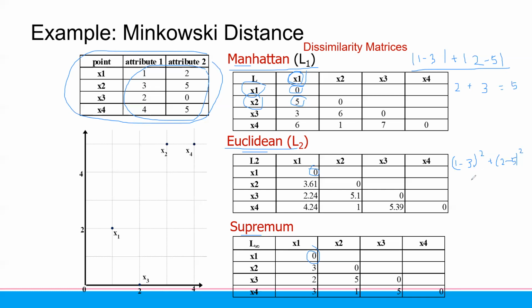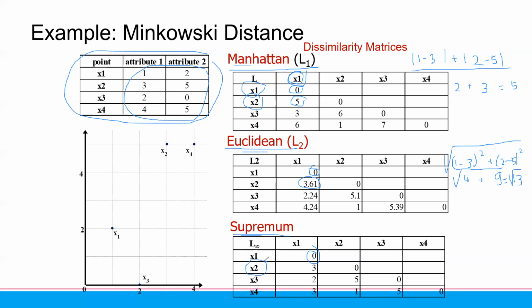So we have 2 to the power of 2, which is 4, and 3 to the power of 2, which is 9. The value is 13, and then we take the square root of 13, which is about 3.61.